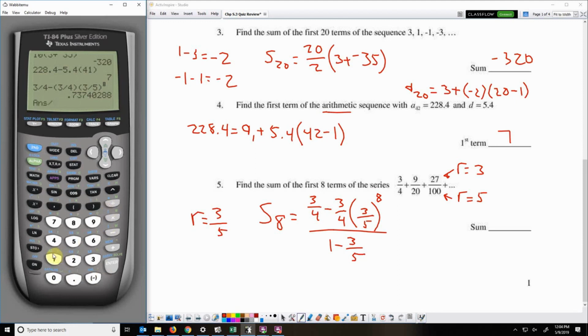And then I'm going to divide that by 1 minus 3/5. And I get about 1.84.